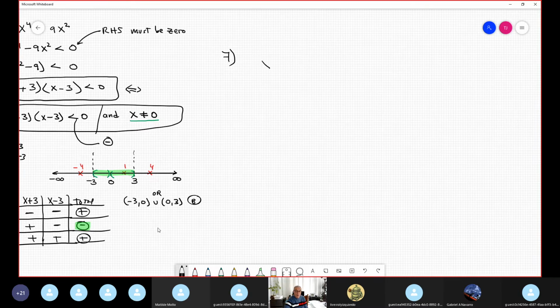Number 7 is x to the 4th power minus 21x squared minus 100 greater than 0. The factorization. Okay, in this case, nice. I like that. The right-hand side is 0. I don't need to enforce that. Now factorize this trinomial: x squared.